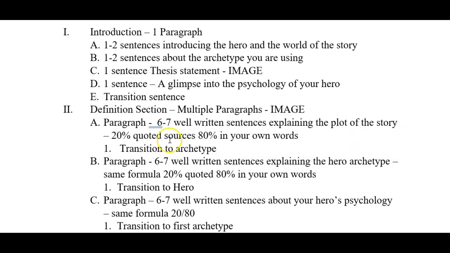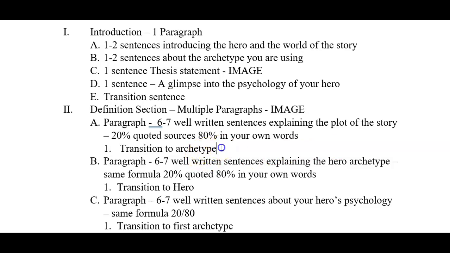So the first paragraph, 6 to 7 well-written sentences, explain the plot of the story. 20% of that will be quoted, and 80% of that will be in your own words. So it's that same formula that we used in the other essays that we've written, where you make a statement, and then you have a for example, that is the quoted part, and then you write what that example shows.